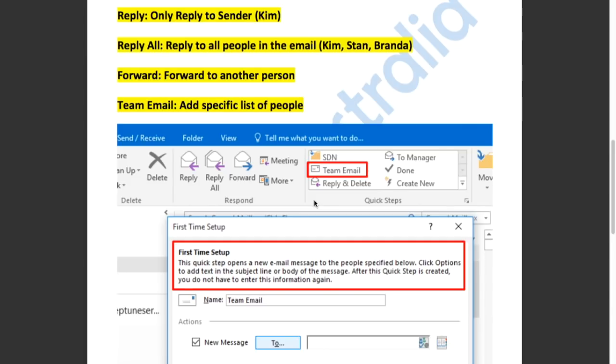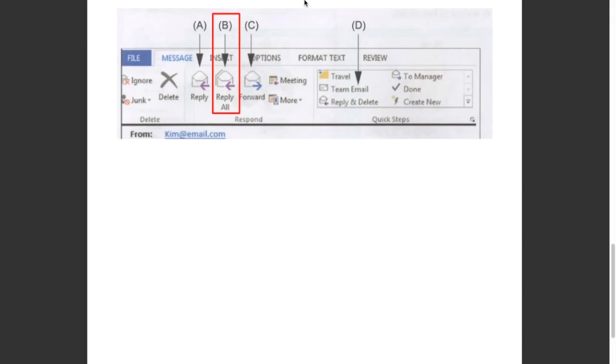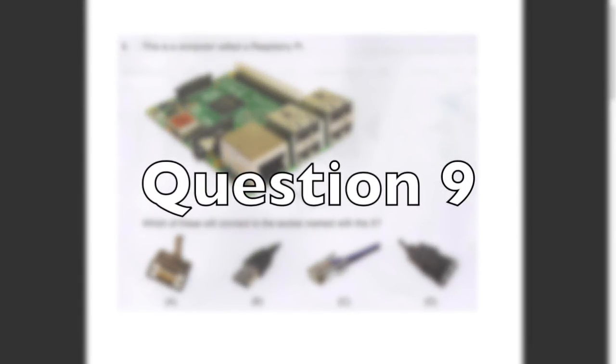Reply all: reply to all the people in the email, Kim, Stan, Branda. Forward: forward to another person. Team email: as you can see on my screen, team email will add a specific list of people. So the answer has to be B.